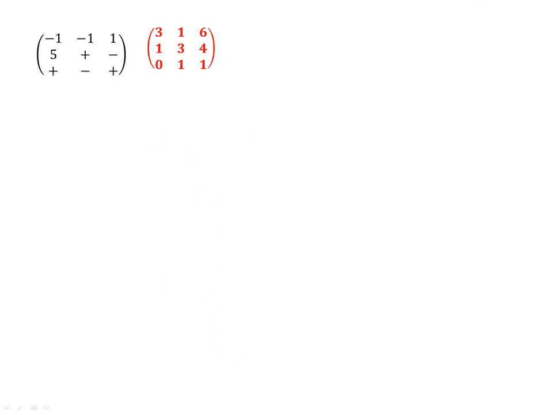So there's the progress we've made so far. Next entry we're going to have to do is the one in the middle of the matrix. Cross out the row, cross out the column. Determinant of what's left is 3. The entry at the moment is a positive one, so the entry is going to be the same as the determinant, so the entry is going to be 3.